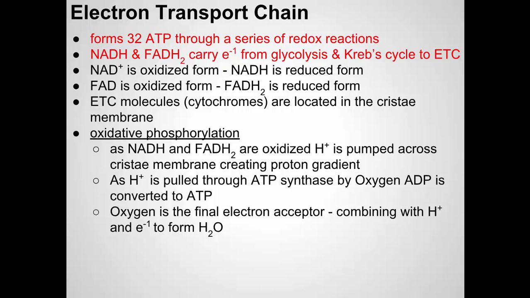As those hydrogen ions, those protons are coming in, they combine with oxygen. Oxygen is the final electron acceptor, and that forms water. Oxygen plus the hydrogen form water, and that's why oxygen is needed for aerobic respiration. It acts as a final acceptor for electrons through the electron transport chain. If there's no oxygen, that process bottlenecks, cannot continue.